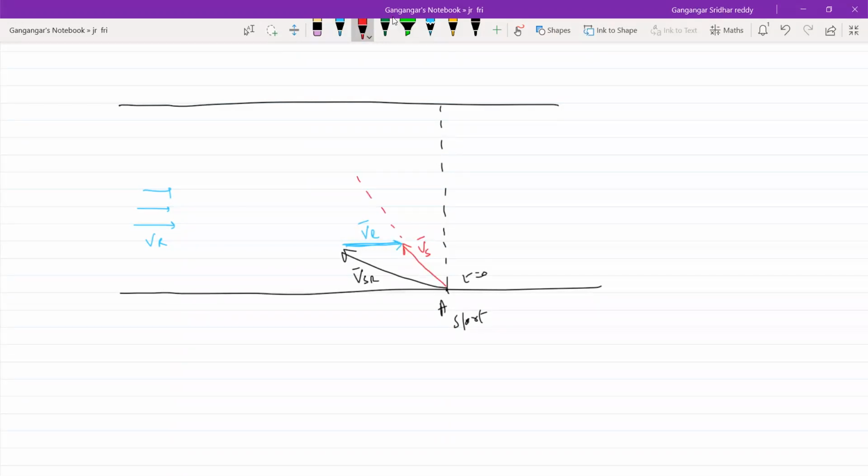So look at the path I'm showing now. This is A, this is B, this is C, this is A. This is the end point.